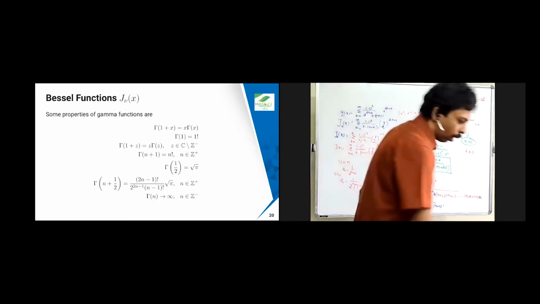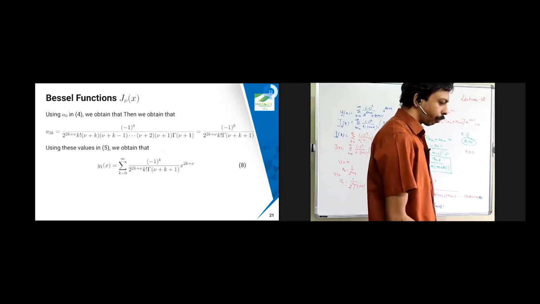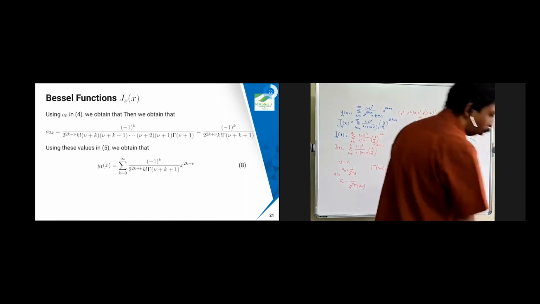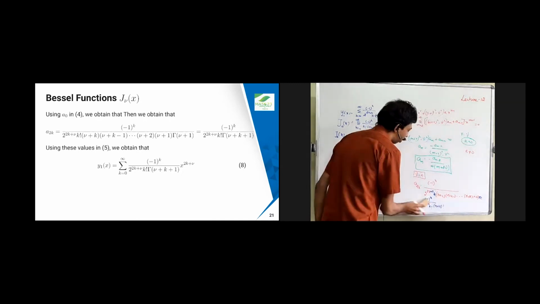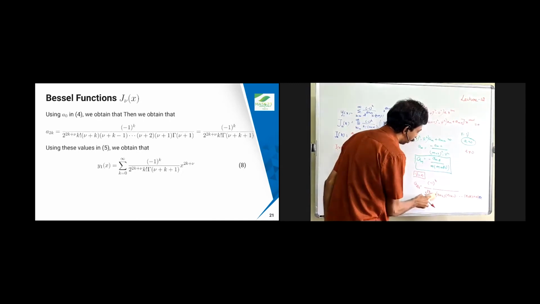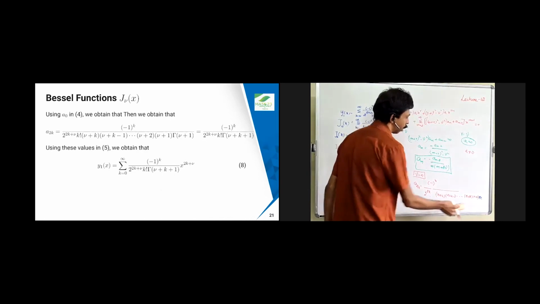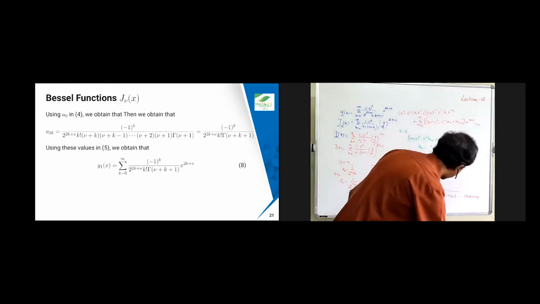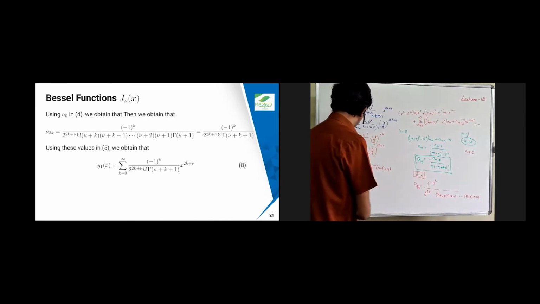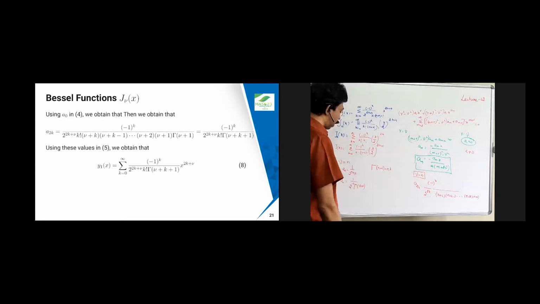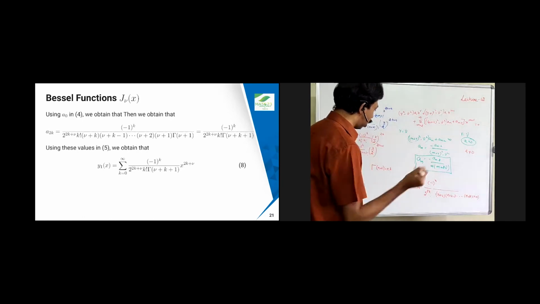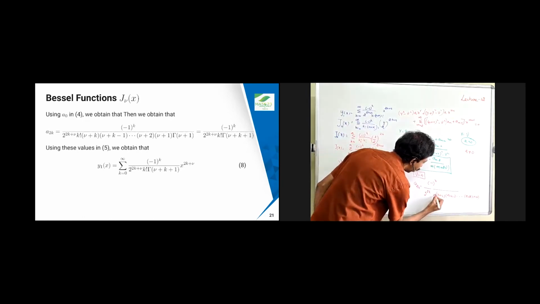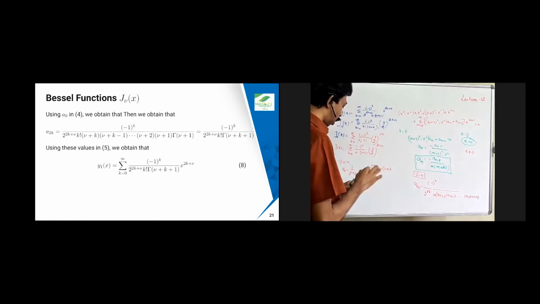So we are going to apply a similar kind of thing over here. In this case, a2k is the same thing. I'm going to rewrite this as a naught is 2 power nu into gamma of nu plus 1, and k factorial is already there, and I have 2k plus nu.